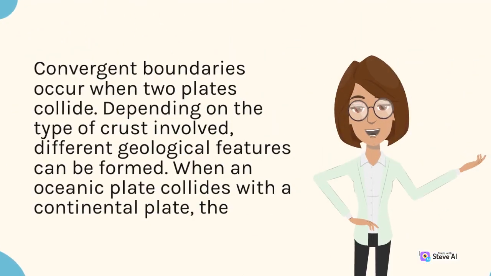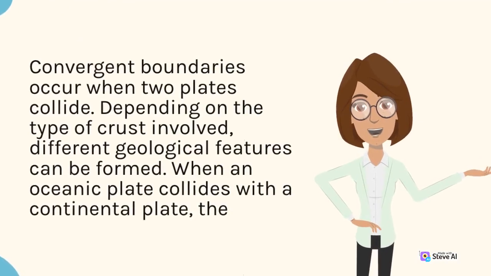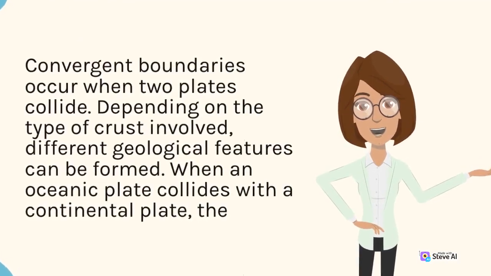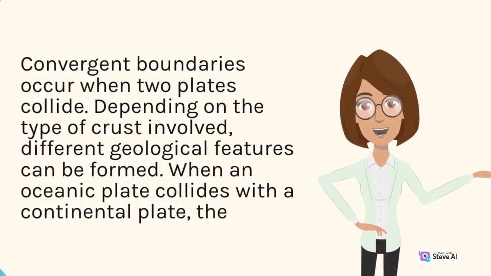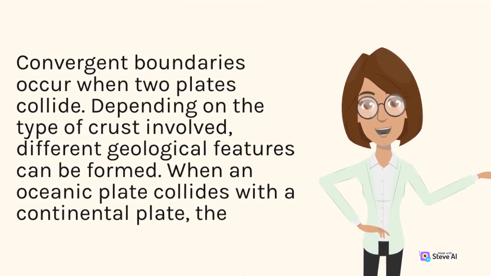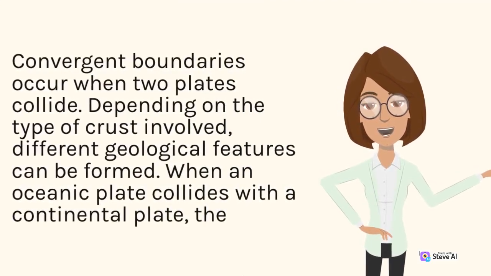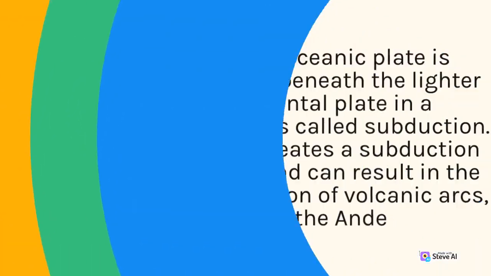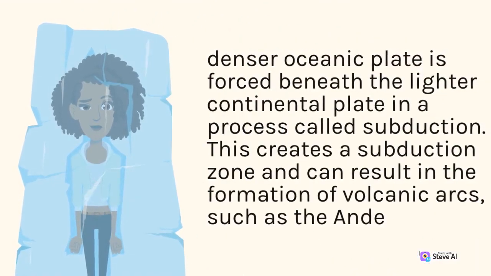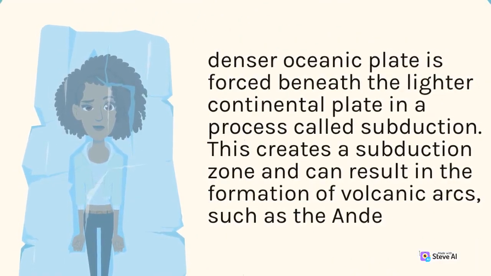Convergent boundaries occur when two plates collide. Depending on the type of crust involved, different geological features can be formed. When an oceanic plate collides with a continental plate, the denser oceanic plate is forced beneath the lighter continental plate in a process called subduction.